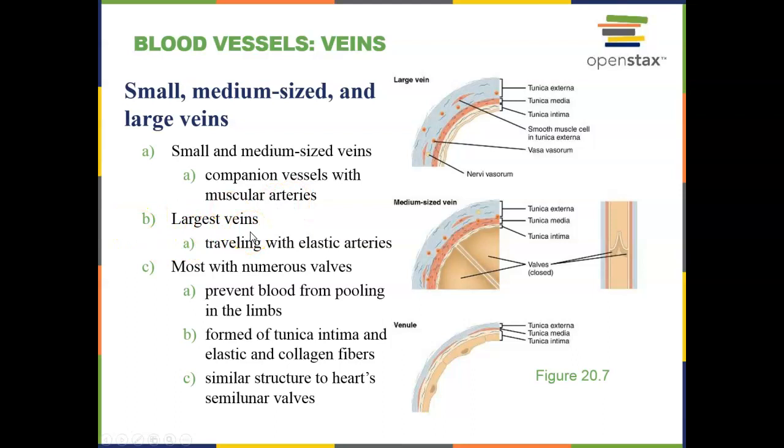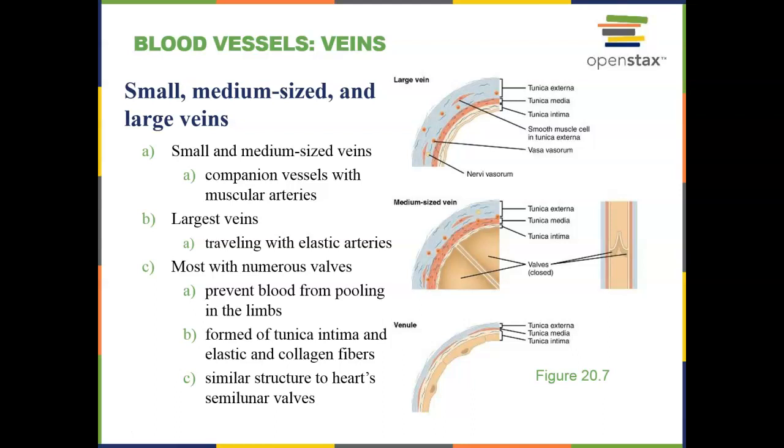The largest of our veins, they travel with the elastic or the conducting arteries. They don't tend to have the same names though. Our veins have valves in them. The valves, because we have this very thin layer of tunica media, actually help to keep blood from pooling in any given area.